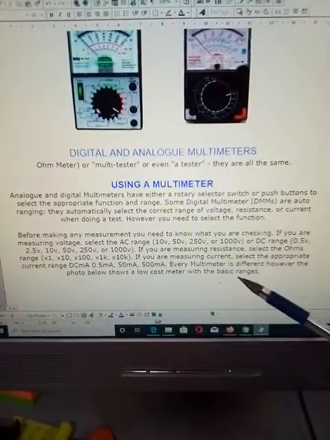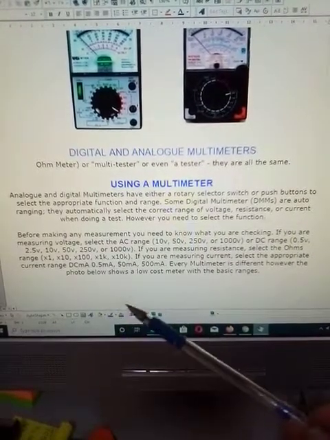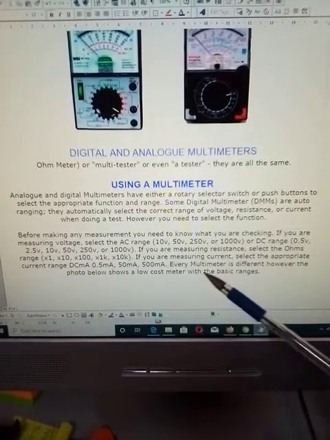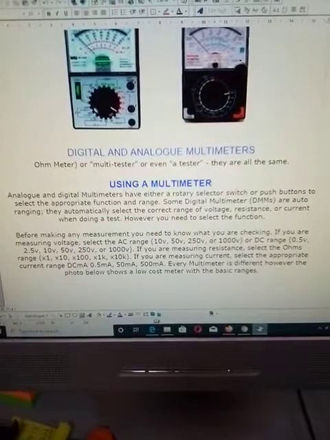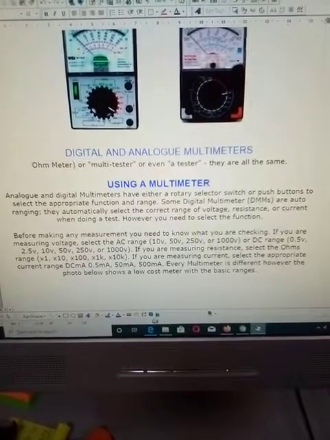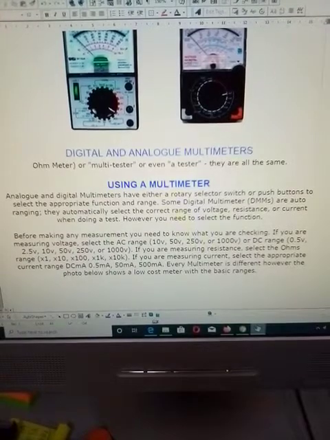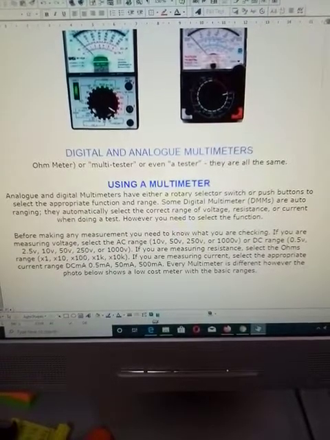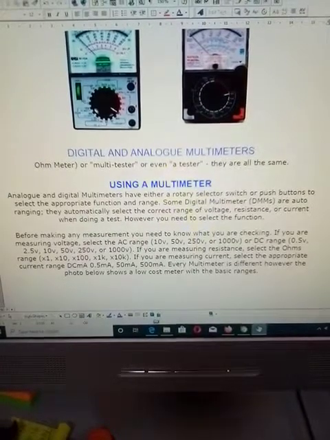Every multimeter is different. However, the photo below shows a low cost meter with the basic ranges. Okay, and bear in mind also that you can get very sophisticated meters. The idea here is that the recommended meters for electrical work is the G38, and I believe that that is still the case.